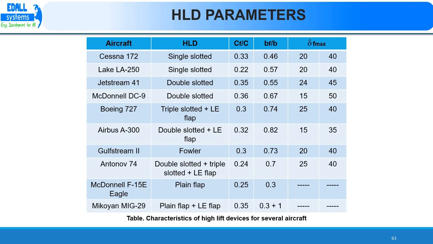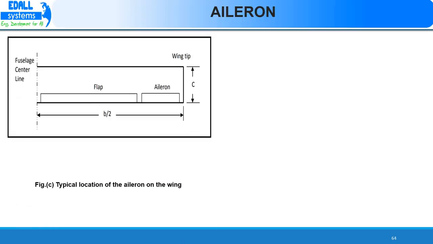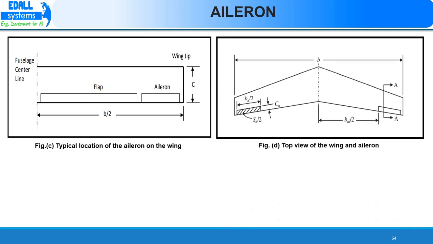The table shows high lift device parameters such as high lift device chord, high lift device span, and deflection of high lift device for several types of aircraft. Figure C shows typical location of aileron on the wing, and Figure D shows top view of the wing and aileron.